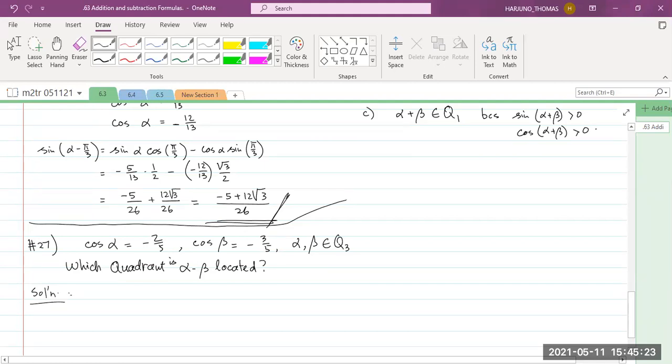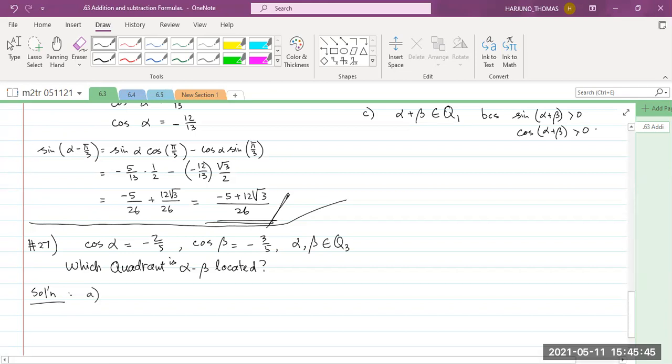You see that even though they ask what is sine alpha minus beta, cosine alpha minus beta, the main question is actually which quadrant it is located. If you look at number 27 again, part C is the main question. Most students think that A and B are the questions. No, actually, A and B lead you to part C, which is the main question.